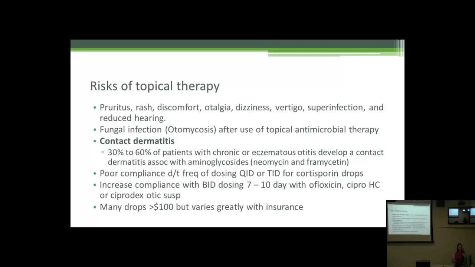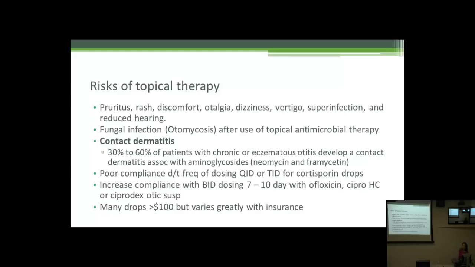Okay. Fungal infections, again, do not require antibiotics; an antibiotic is not indicated for fungal treatment. Typically, there are a variety of different ways of managing that, and I'll discuss that in a moment. Contact dermatitis is commonly seen in people with sensitivities to neomycin, and that's commonly found in Cortisporin drops.